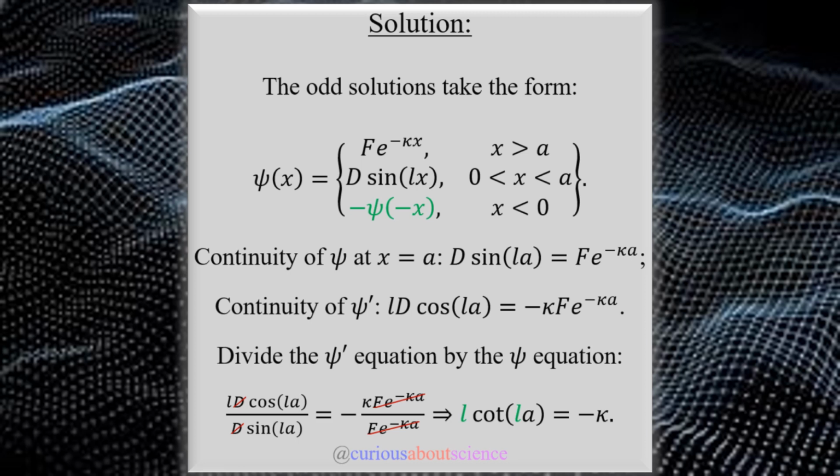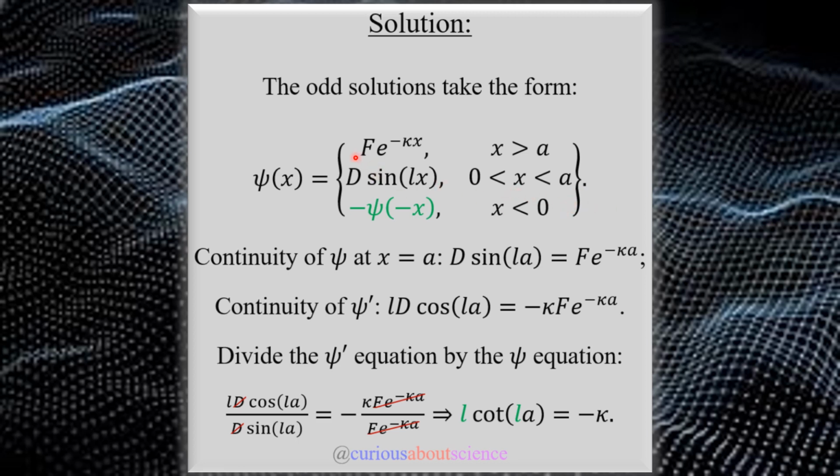How we report the odd solutions, due to symmetry, is we're only going to report on half the well. And what I mean by that is we're going to go from 0 to a, and then for x greater than a. And then we note that we're going to be negative with the negative variable change, and that's what's highlighted in the green here. So if we go to the other side of the well, we're going to be -D sin(lx), for -a < x < 0.